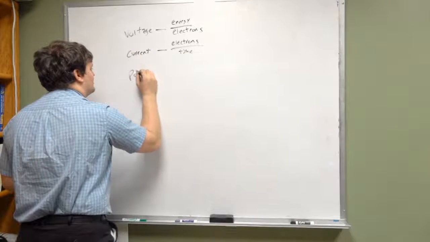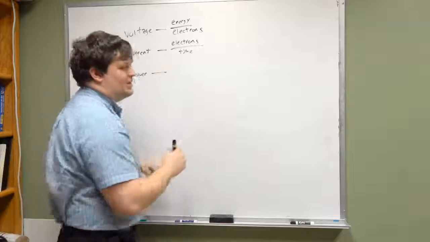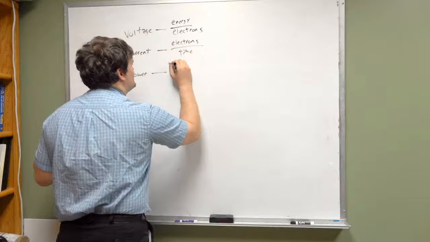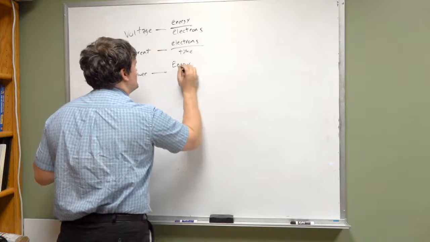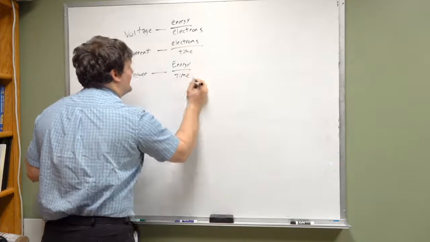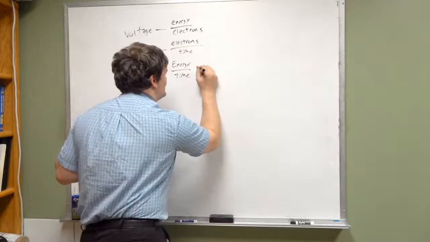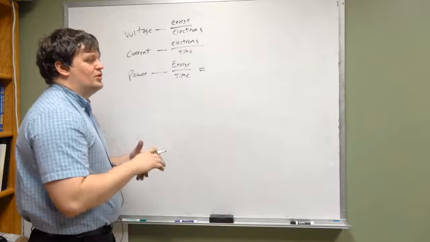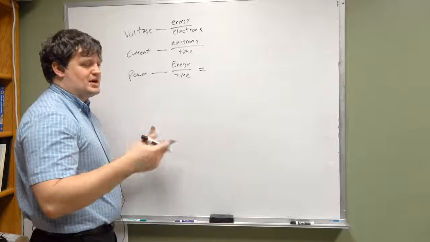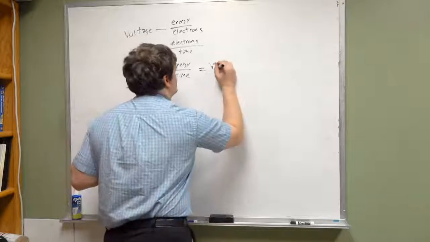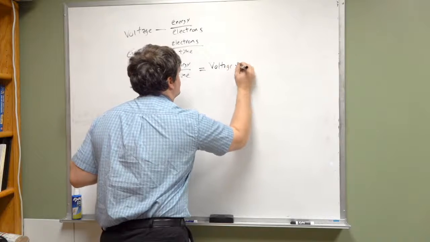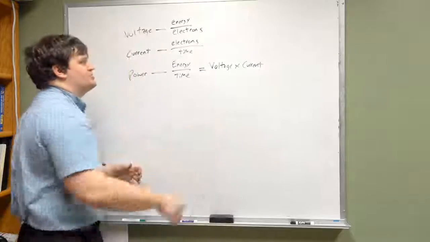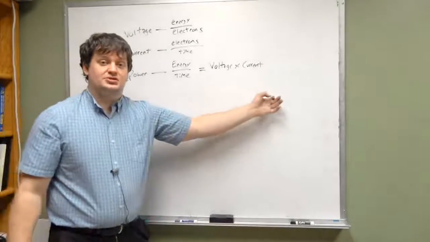Power, in a general sense, is energy consumed per time. In an electrical sense, this is equal to the amount of voltage multiplied by the current, which is the energy per electrons multiplied by the number of electrons per time.